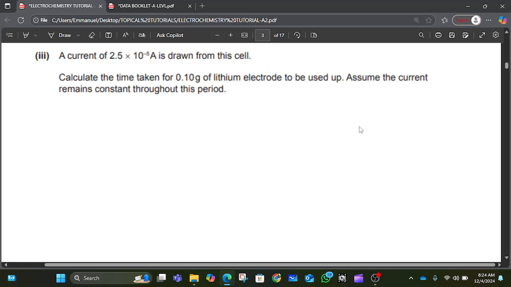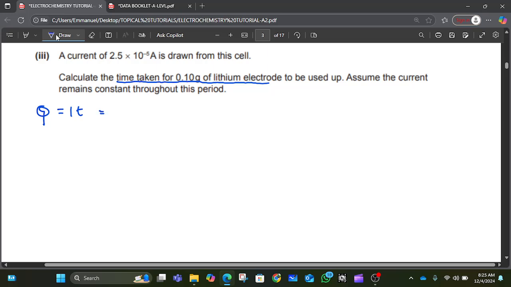I. A current of 2.5 times 10 power minus 5 amps is drawn from this cell. Calculate the time taken for 0.10 grams of lithium electrode to be used up. Assume the current remains constant throughout this period. In this question, we are supposed to calculate the time taken for 0.10 grams of lithium electrode to be used up. And so we use two equations over here. The first one is Q, which is the quantity of charge, is equal to I T, current times time.